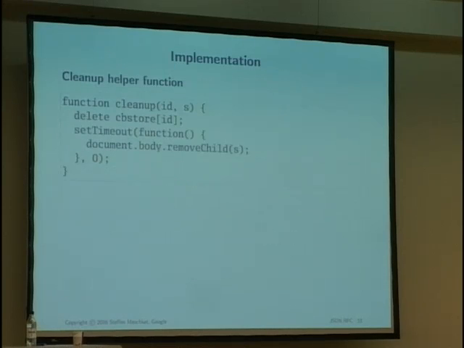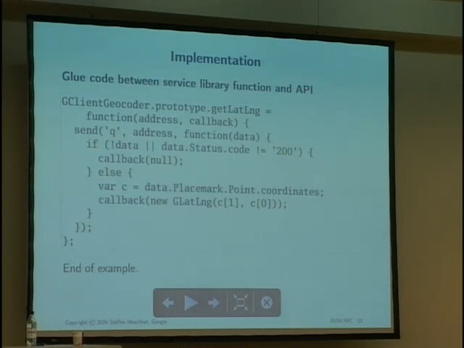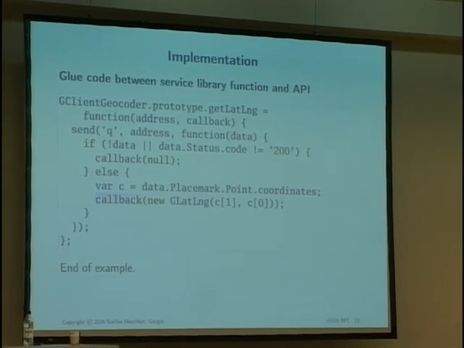And this is what happens here. We extract from this more structured data structure just two values, the latitude and the longitude, and create a new, simpler data structure, such a GLatLng object, that we then pass as an argument to the callback. And this is it.